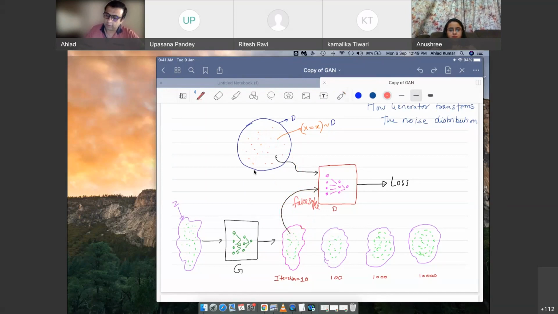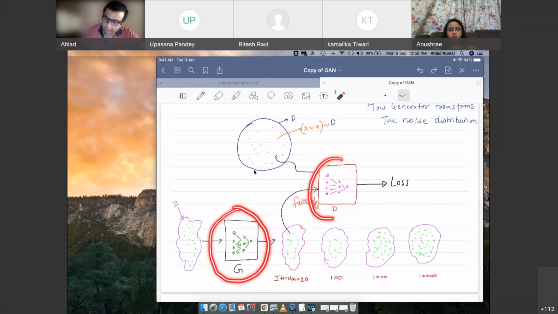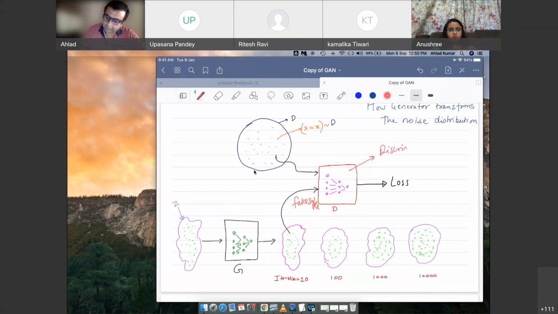Now we have one more block, which we call the discriminator, and this is the generator. So now we have two neural networks, or two CNNs.